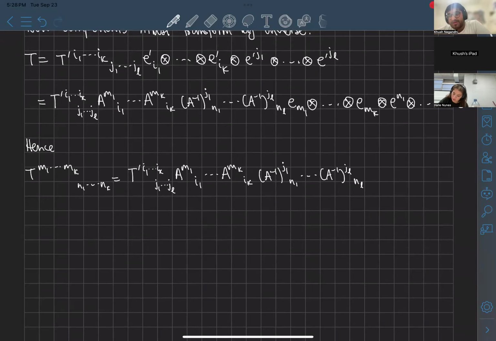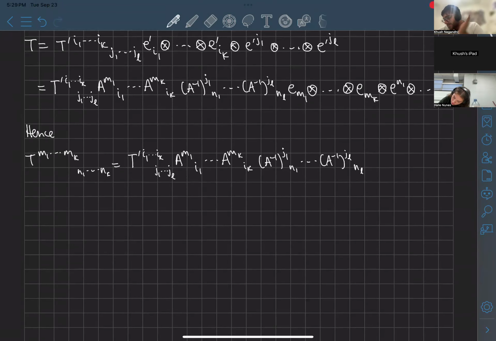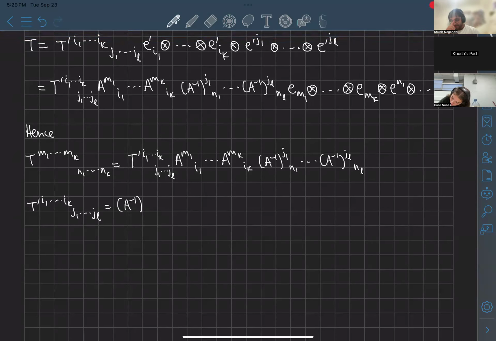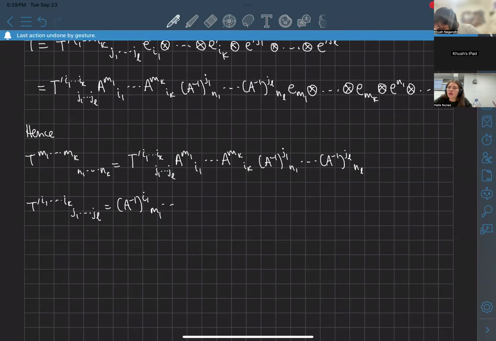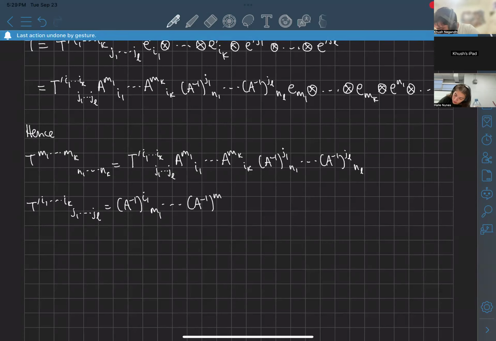And now we do the same thing we did above, where we just multiply by the inverse matrix every time and then cancel everything out. So what we end up with is that T'^{i1...ik}_{j1...jl}: now I need the inverse of A for this matrix, (A^{-1})^{i1}_{m1}, and then I do the same thing for the next matrix, up to (A^{-1})^{ik}_{mk}.